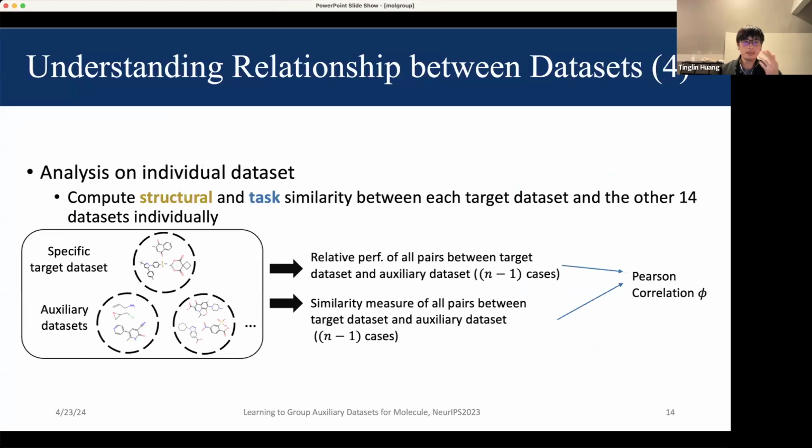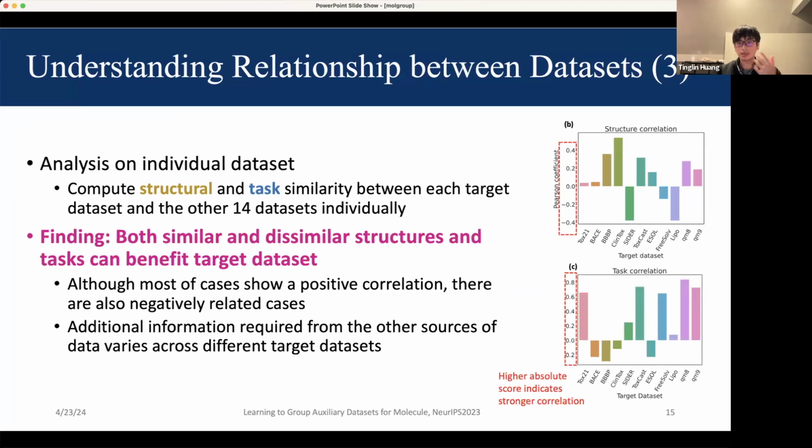And here we focus on the individual data sets because different data sets might require different information. Here we calculate the Pearson correlation between the relative improvement of all pairs between the target data set and auxiliary data sets, and the similarity measurement of the pairs between the data sets. So here are the results.